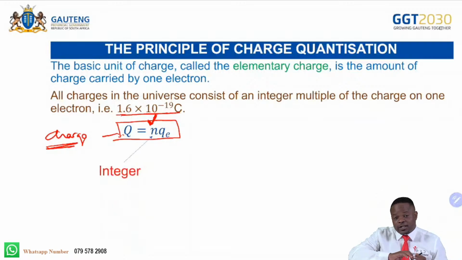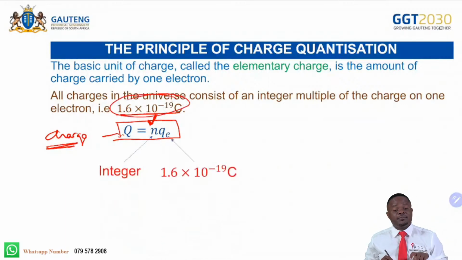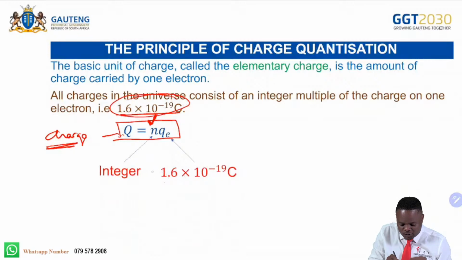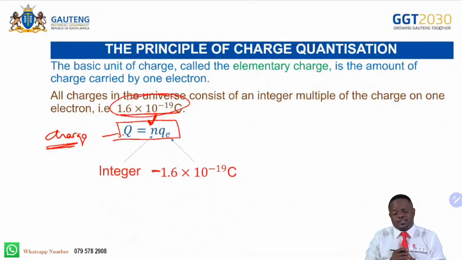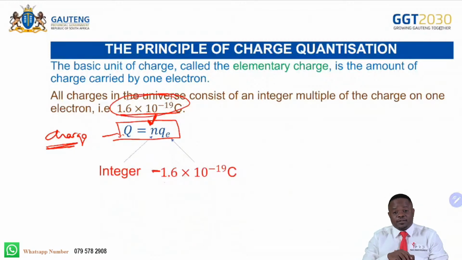Remember, our electrons are the ones which are transferred or gained. As they move, each electron is carrying that amount of charge, which we denote by QE, our elementary charge. So your electron is going to be carrying a charge of negative 1,6 times 10 to the power negative 19 coulombs. So a certain amount of charge is indicative of the number of electrons, and you multiply it by the charge carried by a single electron, and that gives you the overall charge that can be possessed by an object.